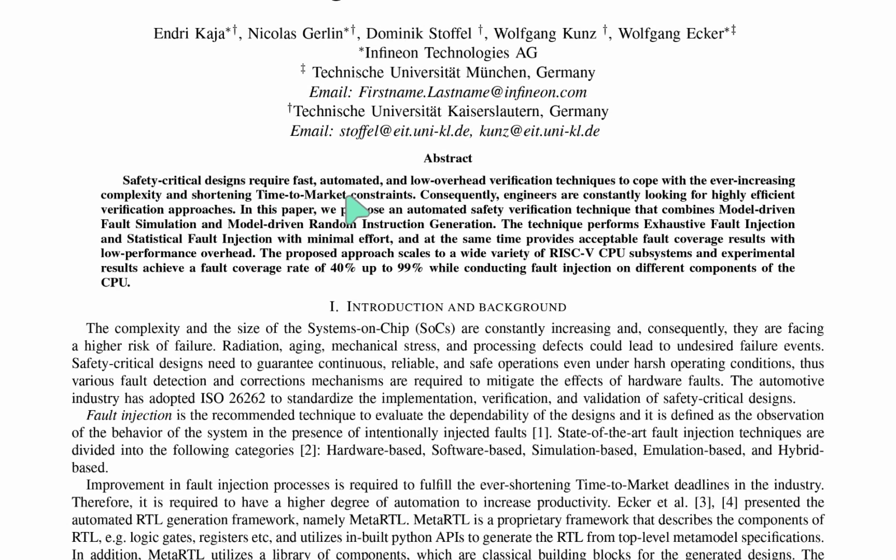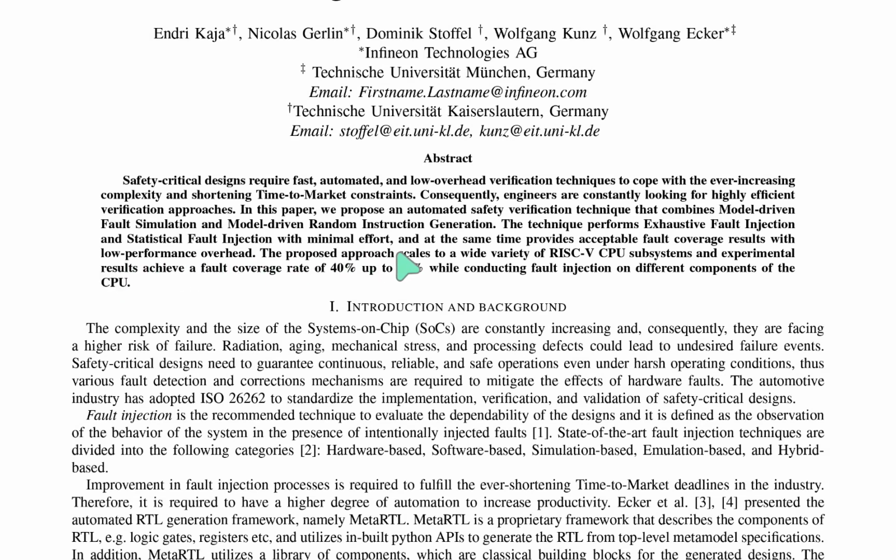In this paper, we propose an automated safety verification technique that combines model-driven fault simulation and model-driven random instruction generation. The technique performs exhaustive fault injection and statistical fault injection with minimal effort, and at the same time provides acceptable fault coverage with low performance overhead.